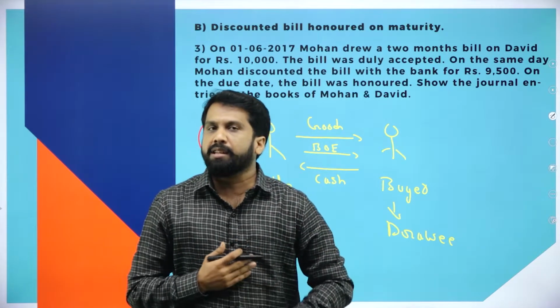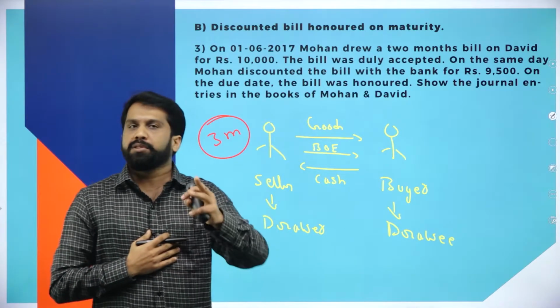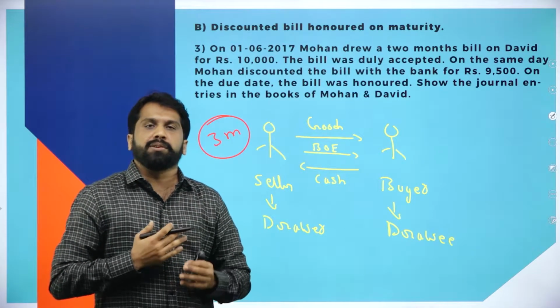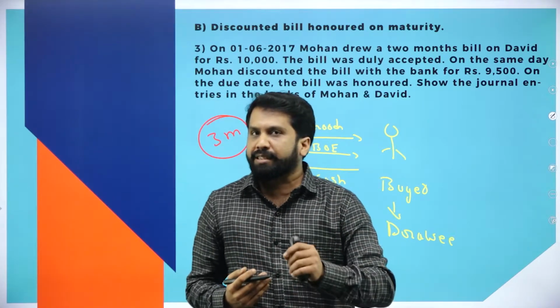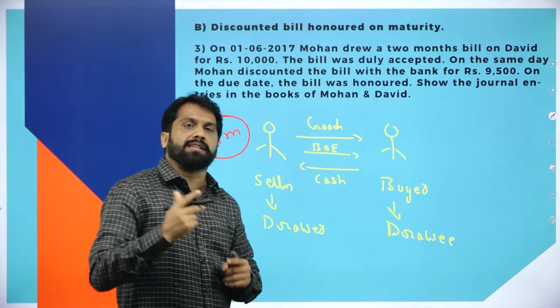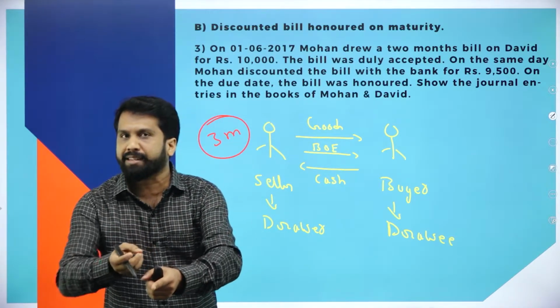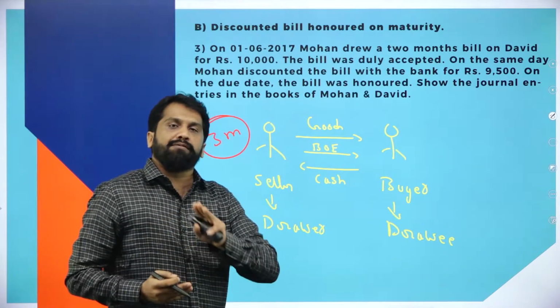Now, I am the seller, you are the buyer. Just assume that. There is a sale worth rupees 10,000. As per the agreement, after 3 months, I have to come to you and collect that 10,000. But I cannot wait for 3 months.